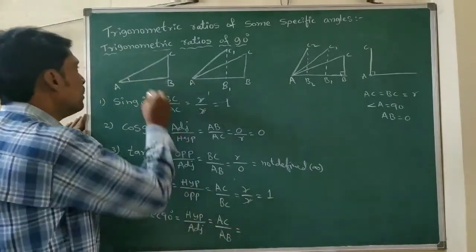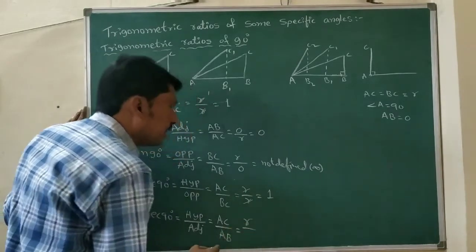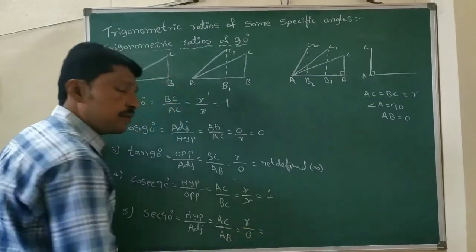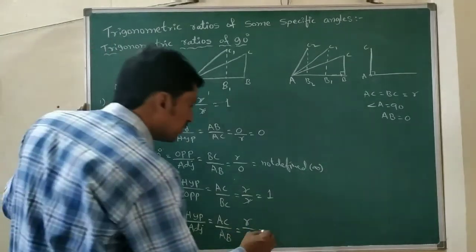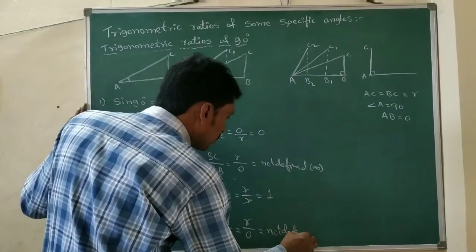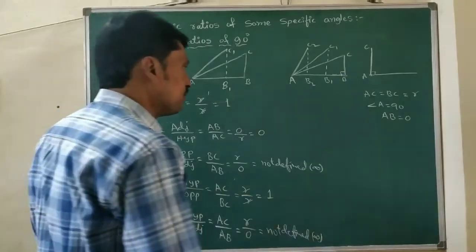AC value we took here as R, and AB value we got as 0. Something by 0 means we are getting not defined or infinity.